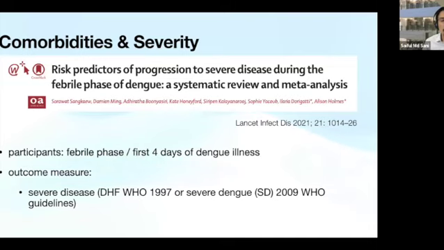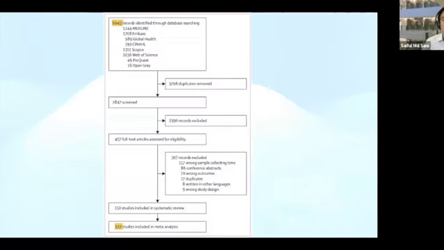They selected studies which captured patients who were in the febrile phase or within the first 4 days of dengue illness, and their outcome measure was who would develop severe disease. They looked at both the WHO 1997 classification and the 2009 classification. They started off with more than 6,000 records, and finally filtered it down to 120 studies.